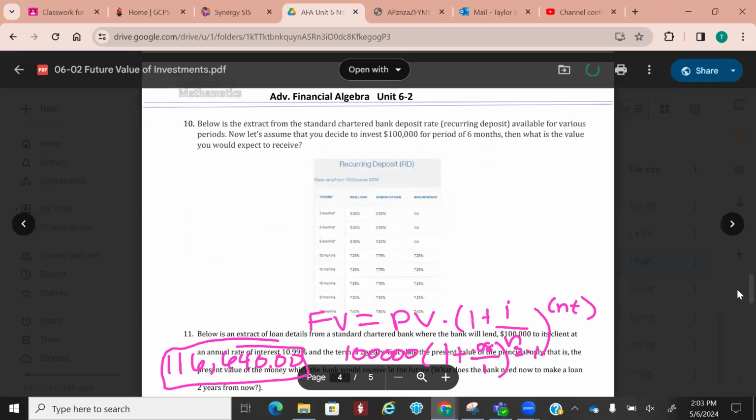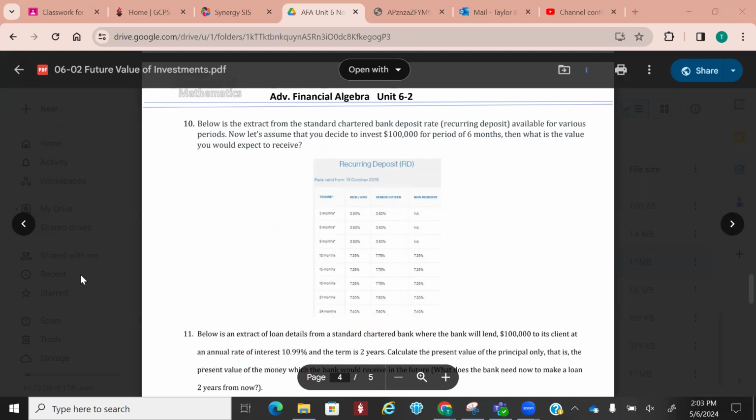Below is an extract from the Standard Chartered bank deposit rate, recurring deposit, available for various periods. Now let's assume you decide to invest for a period of 6 months. Then what is the value you would expect to receive? So if I do it for 6 months, it's a 3.5% interest rate.